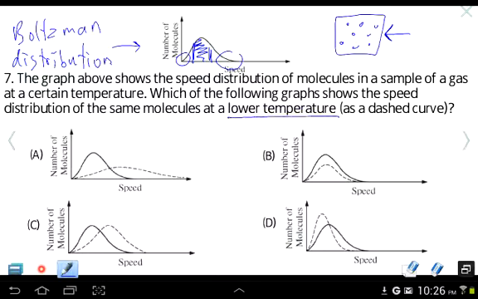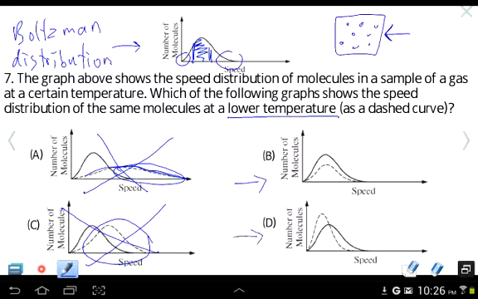So at a lower temperature, what you have is essentially the molecules slow down. So most of the molecules will have a lower speed, and the one that matches, this one, the dashed lines show more molecules having a higher speed, so this one's out. This one also shows more molecules having a higher speed. This one's out. So it's between these two.